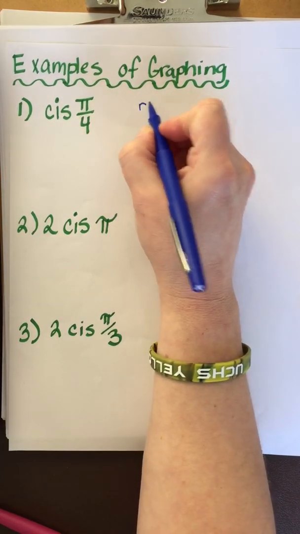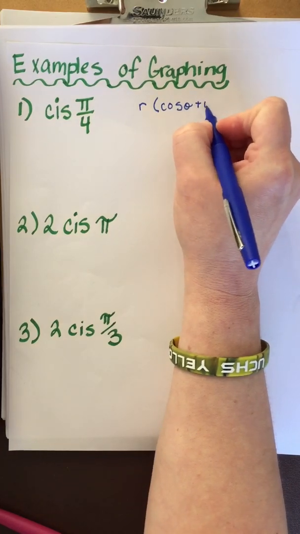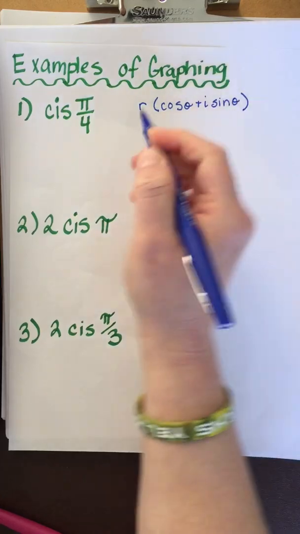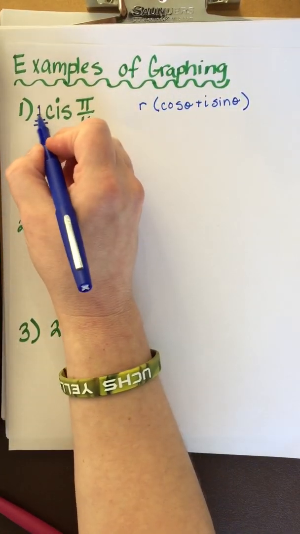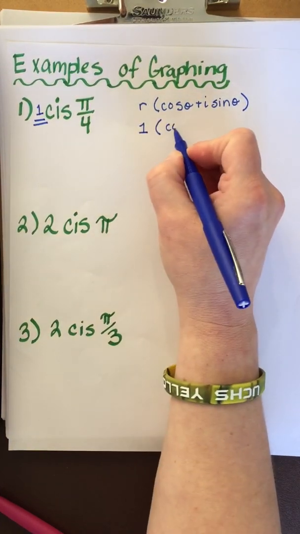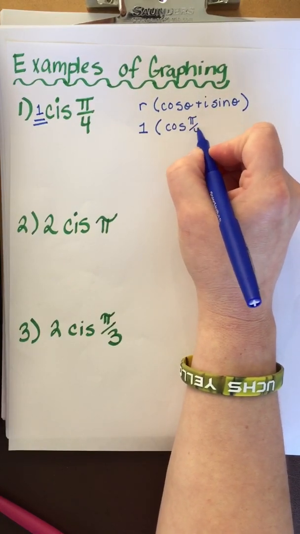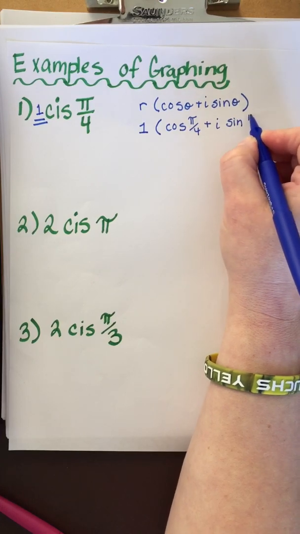So remember, that's r times the cosine of theta plus i times the sine of theta. Well, r is whatever's out front here. I don't see anything, but I know that there's a 1. So r is going to be 1 times the cosine, and theta is pi over 4. Pi over 4 plus i times the sine of pi over 4.